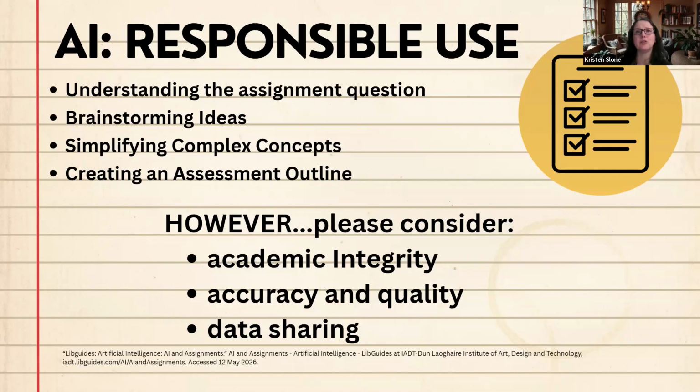It is a machine. It is a tool, okay. It's not going to necessarily be accurate or high quality. And then data sharing, this is something I hadn't considered, but whenever you use AI, we all have cell phones and our data is being shared routinely, but it's just a consideration, right, that you want to keep in mind when you're using AI.